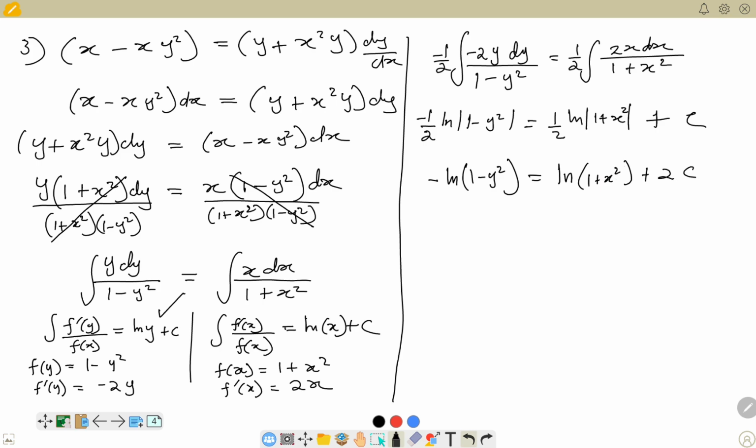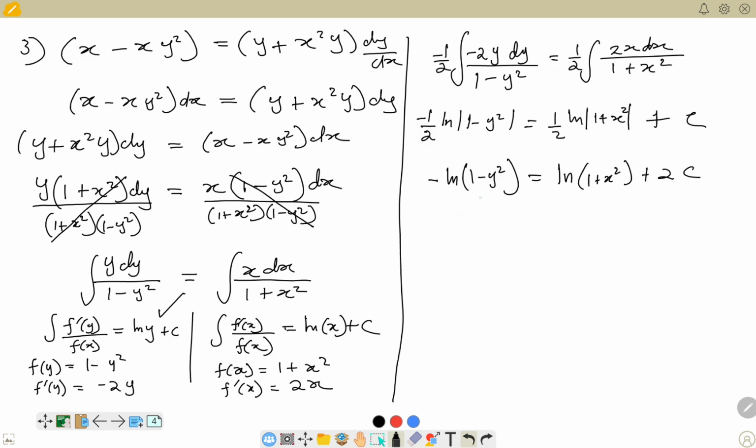Then this will be 2c. Okay, we want to solve for the value of y. If we want to find the value of y, we will need to raise both sides by exponential.